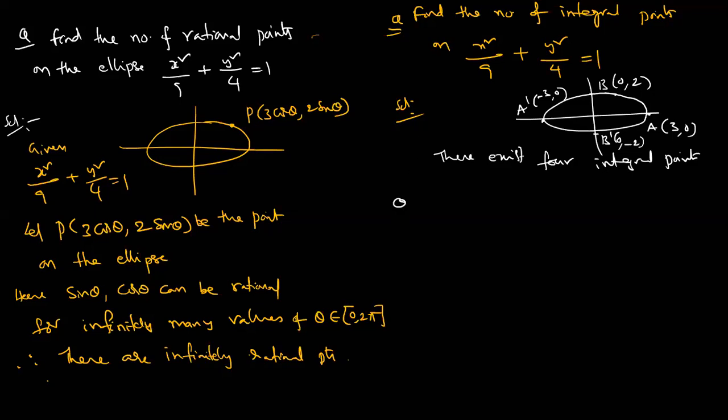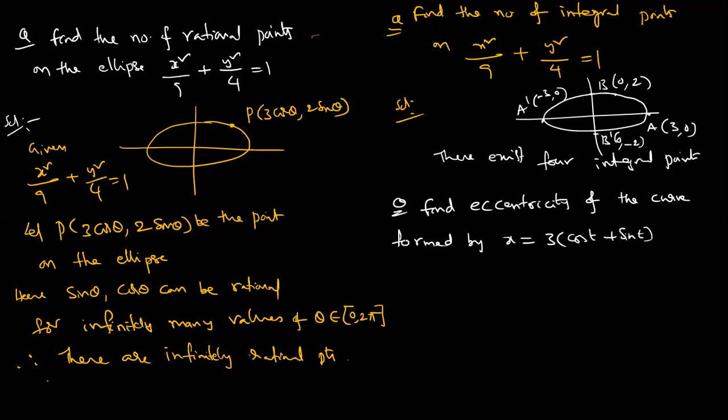Question C. Find the eccentricity of the curve formed by x is equal to 3 into (cos t plus sin t) and y is equal to 4 into (cos t minus sin t).